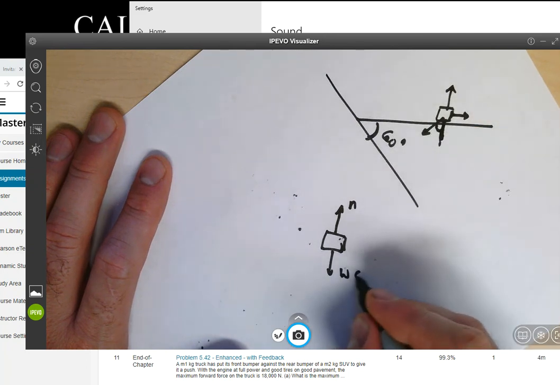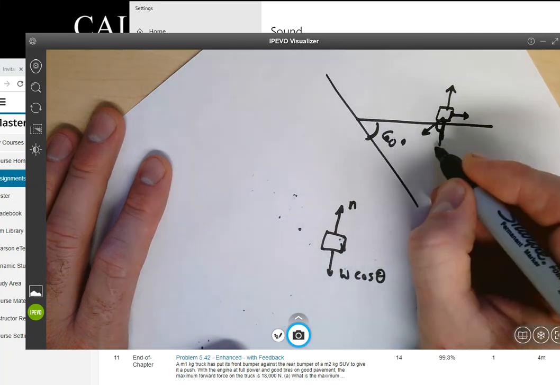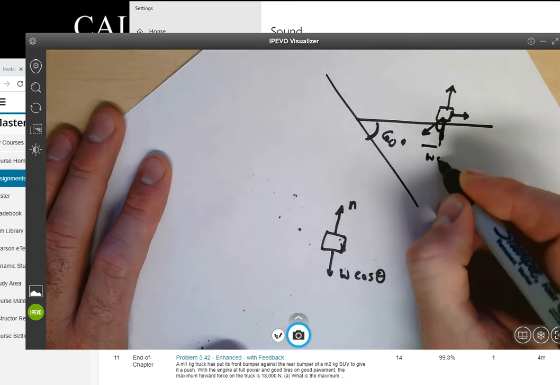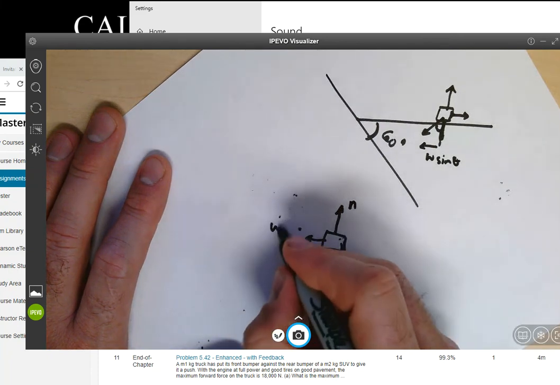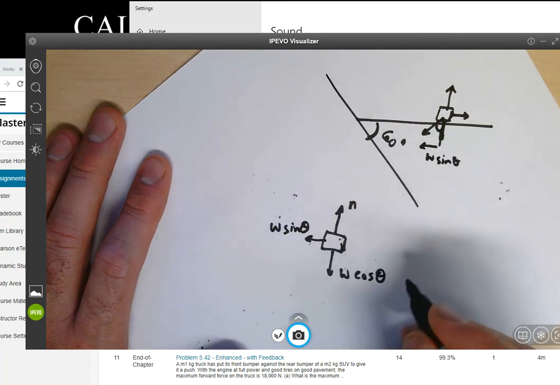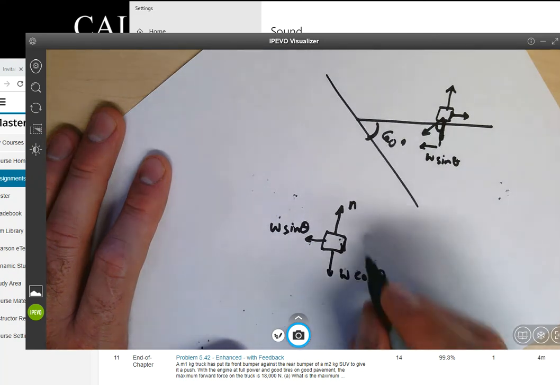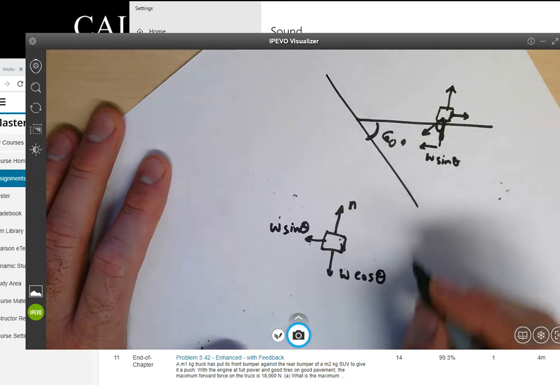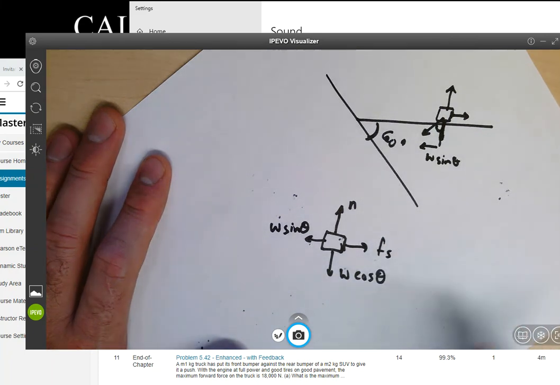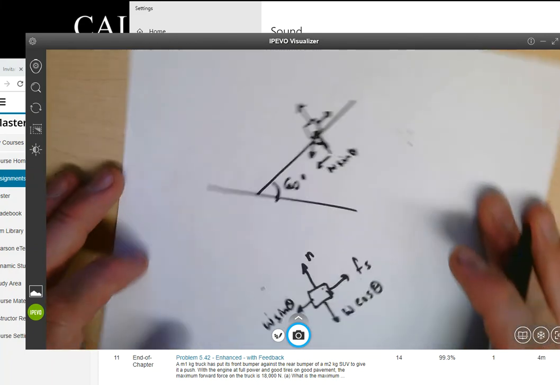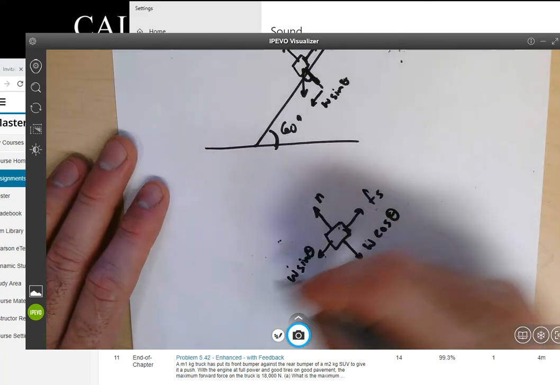So weight times the cosine of the angle, and then weight times the sine of the angle is pointed in this direction here. So weight times the sine of the angle is pointed here, weight times the cosine of the angle is down, or not down, but down in my new coordinate system here, and then the force of static friction is pointed this way.